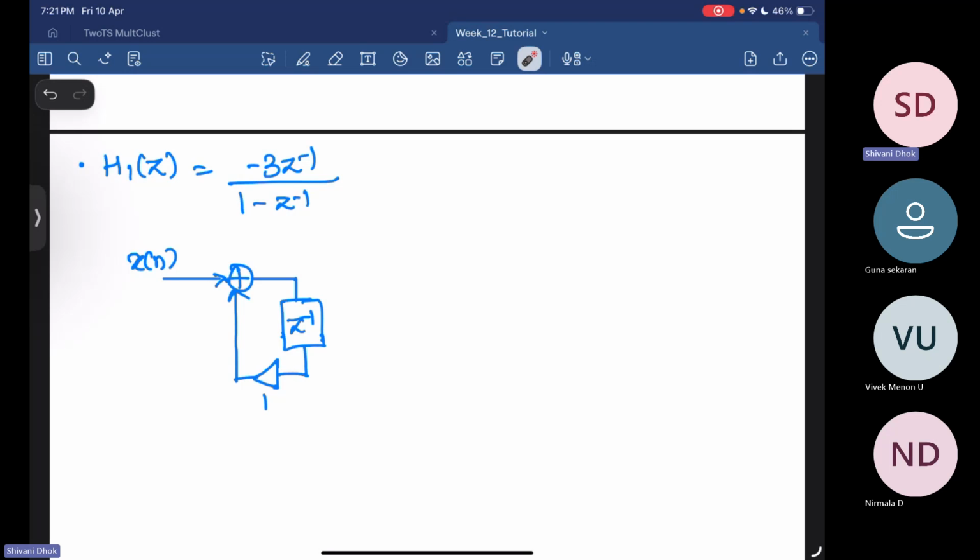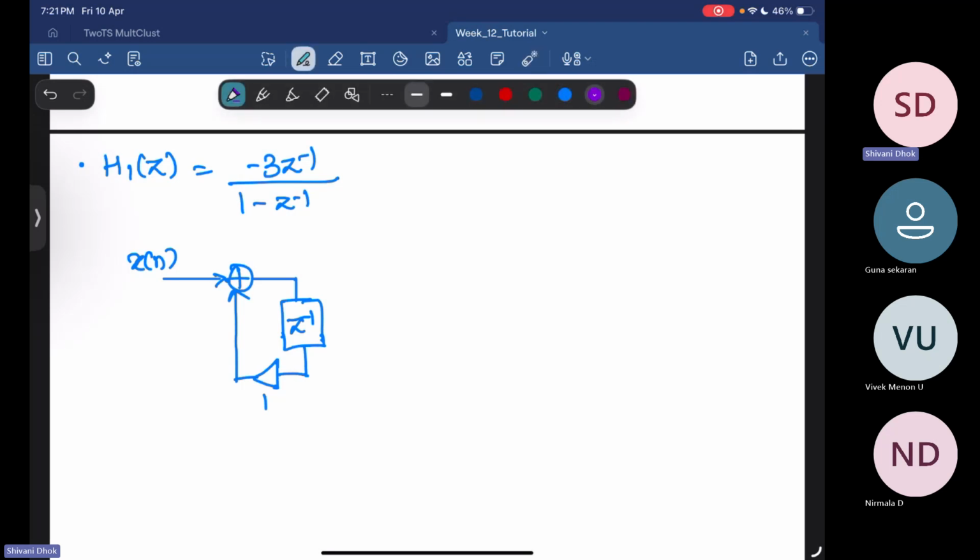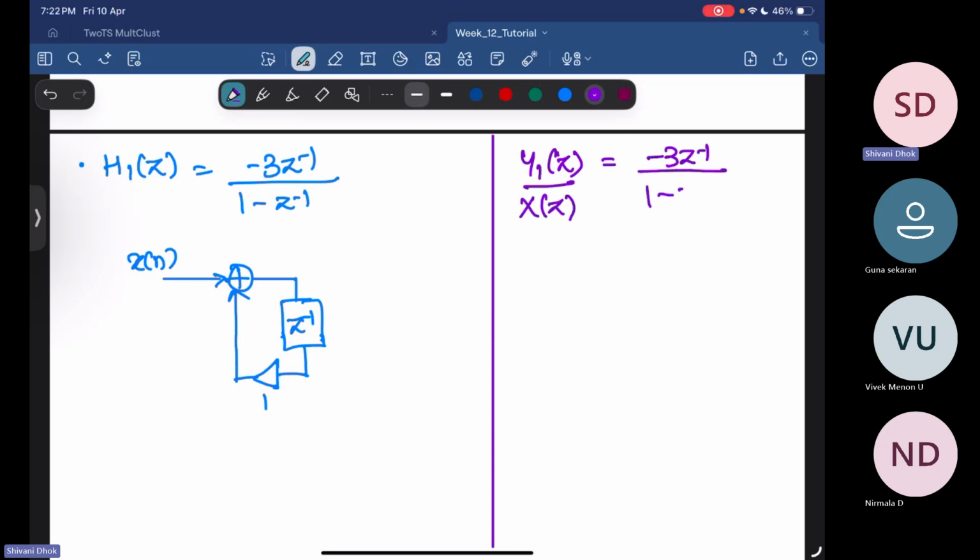Okay, so I am also getting confused here. Let's do it one by one now. Just start with direct form 1. This is confusing for me. Okay, so you have h1 of z, which is y1 of z over x of z equal to minus 3z inverse. So you have y1 of n, which is equal to minus 3x of n minus 1 plus y1 of n minus 1.